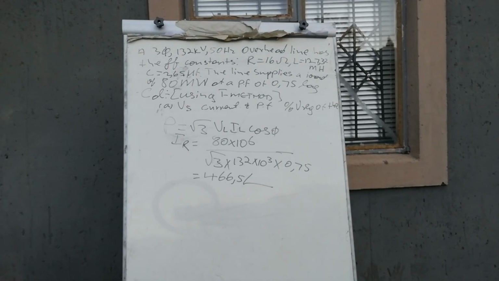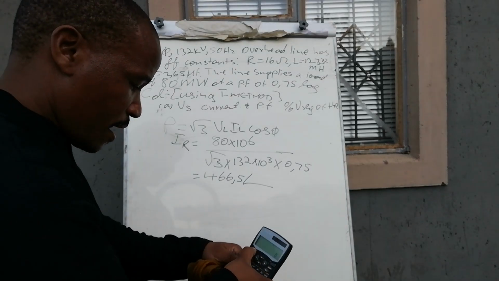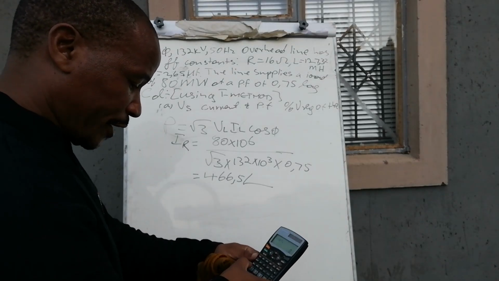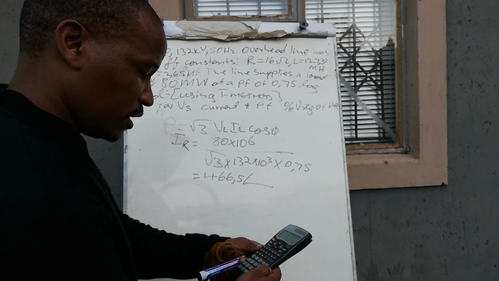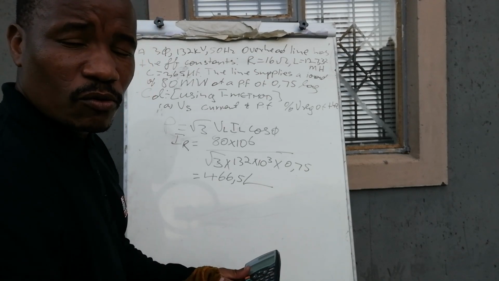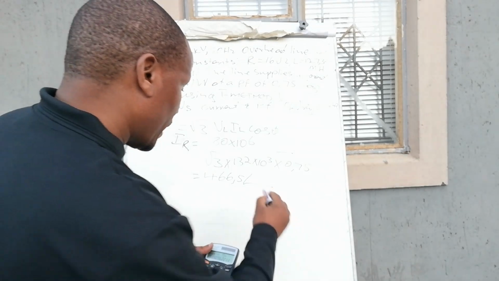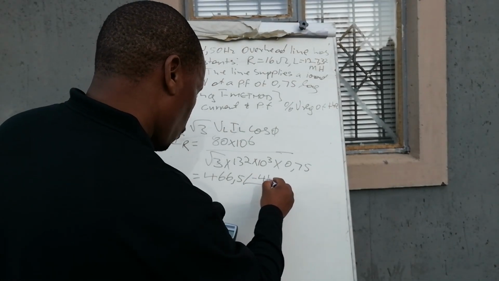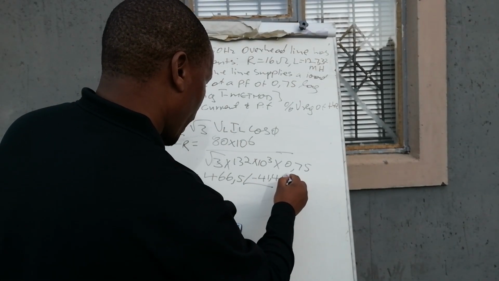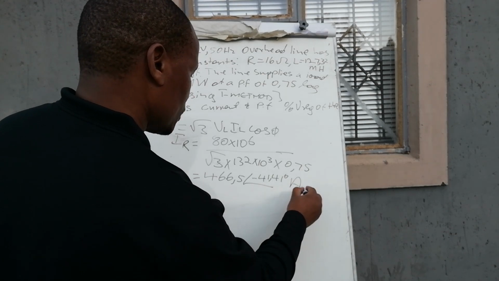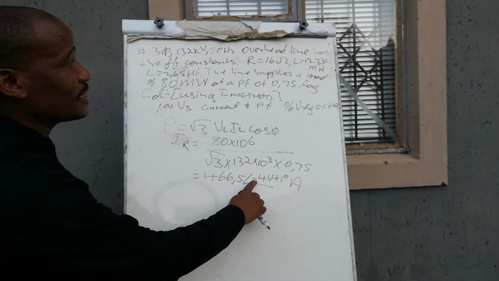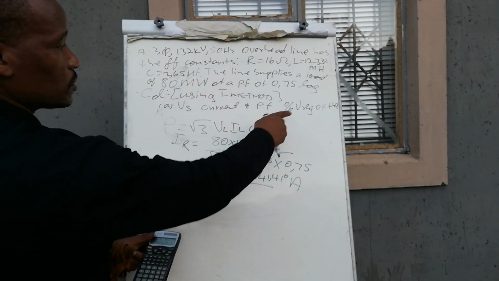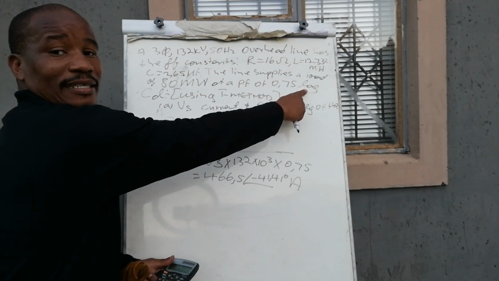And it is equal to what? It's equal to the arc cos of 0.75. There is no minus there, but it is minus 41.41 degrees amps. Why minus? Because it is lagging.